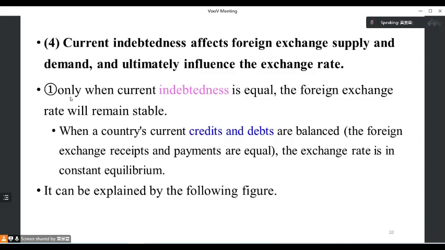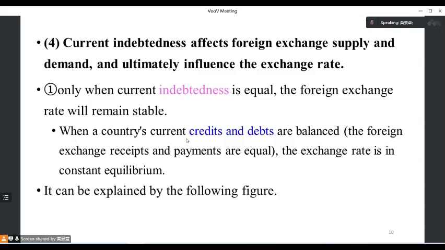Let's see first. When current indebtedness is equal, the foreign exchange rate will remain stable. Let's see the explanation.